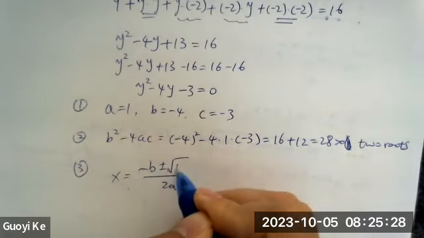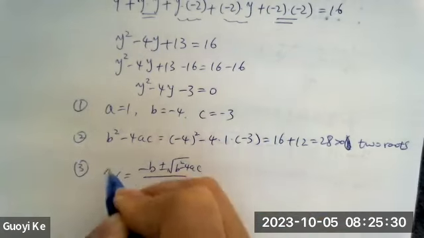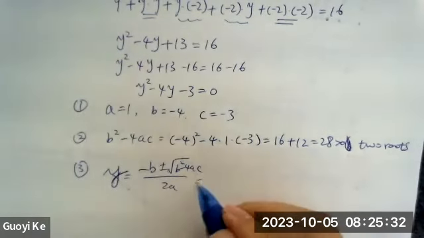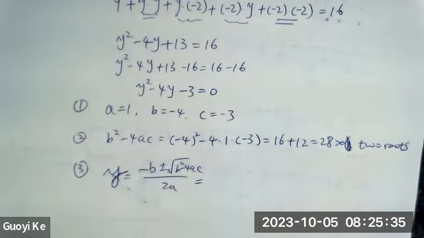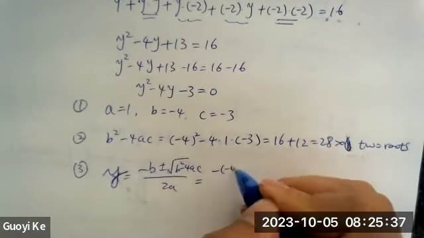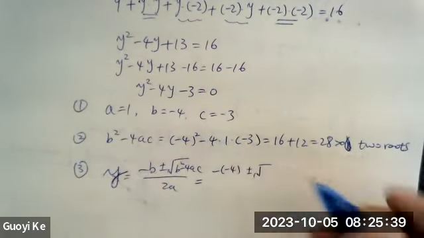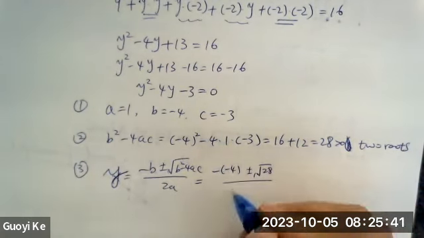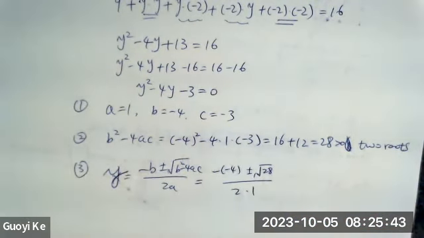Plug in. A should be 1, right? Because the coefficient is 1. B is -4 plus or minus the square root of 28, over 2 times a.